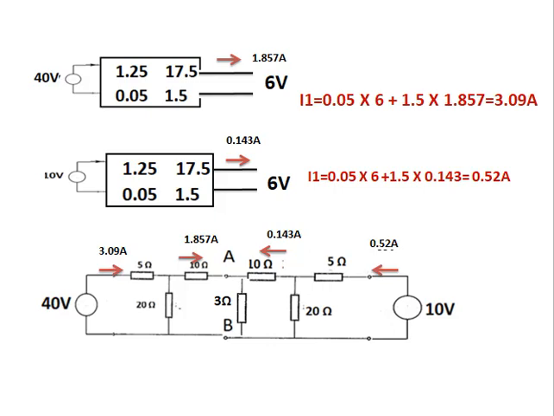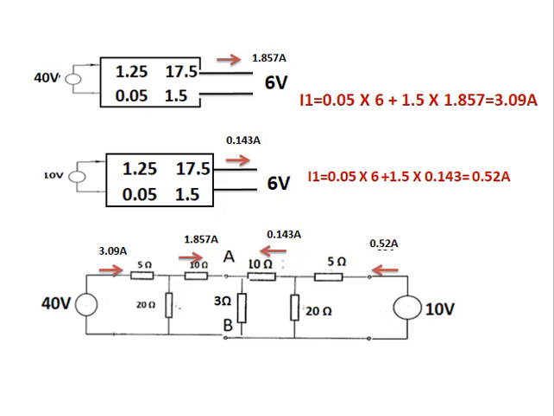Output current from circuit connected with the 40 volt is equal to 1.857 ampere and the terminal voltage is 6 volt. So I1 is equal to 0.05 into 6 plus 1.5 into 1.857, equal to 3.09 ampere.